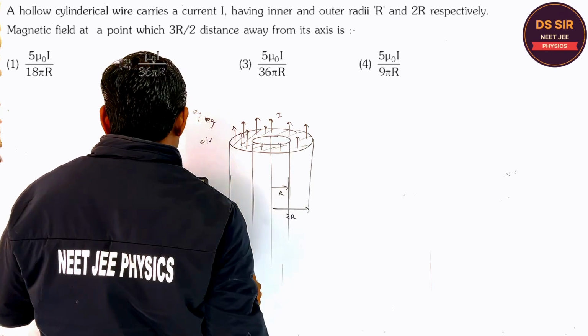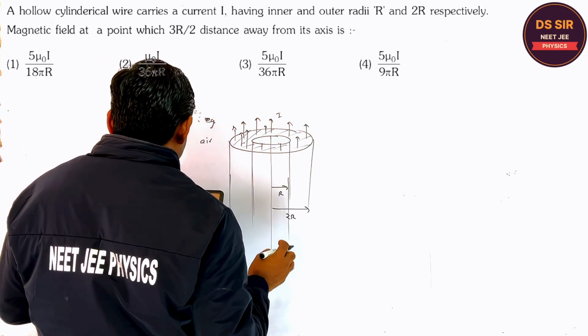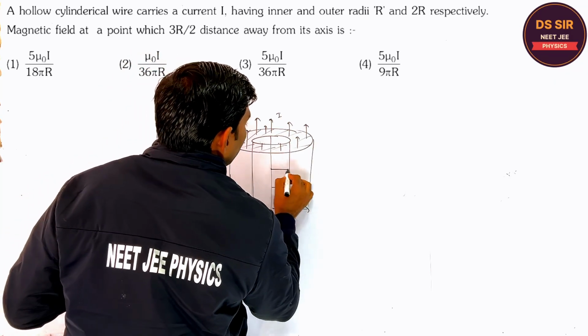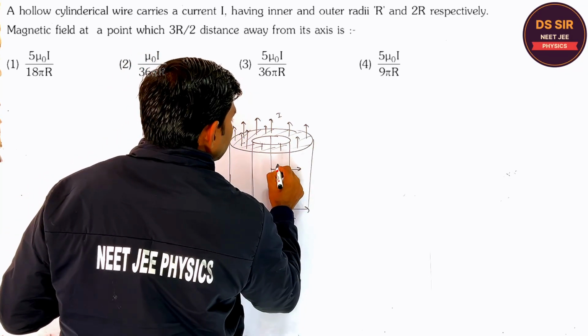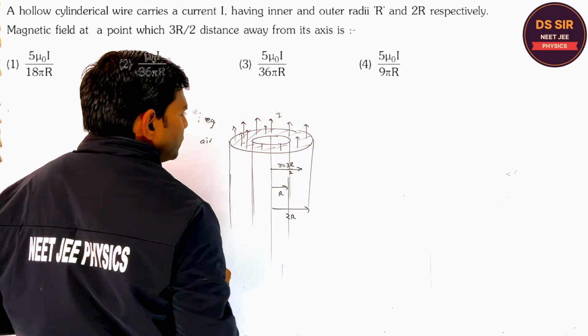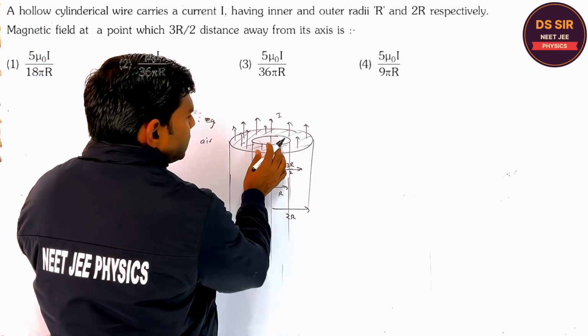The total current is I, and we have to find the magnetic field at a point 3r by 2 from the axis. If this is the axis, you have to find the magnetic field at distance r is equal to 3r by 2. Is it clear or not? So this is a very good question. This is the side view.